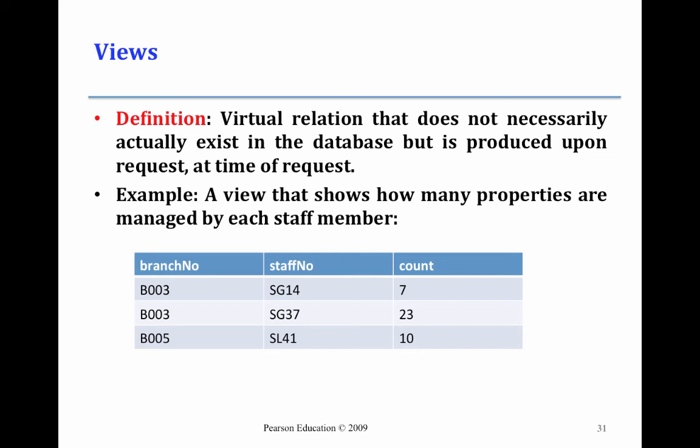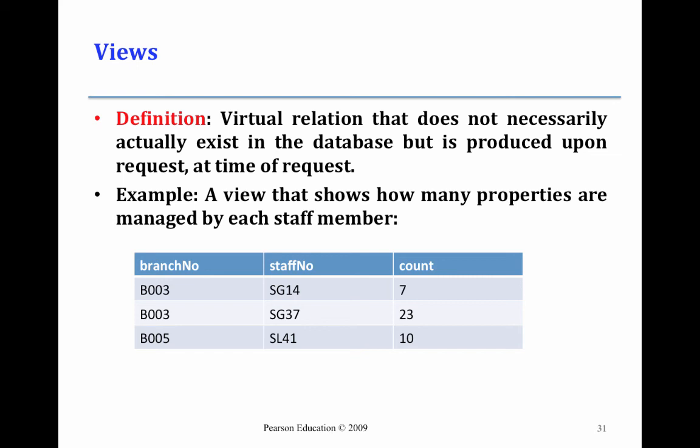So you may remember from last time, hopefully, that a view is a virtual relation that doesn't necessarily actually exist in the database, but is produced from some defining query on base relations. There's a number of reasons that you might use a view.